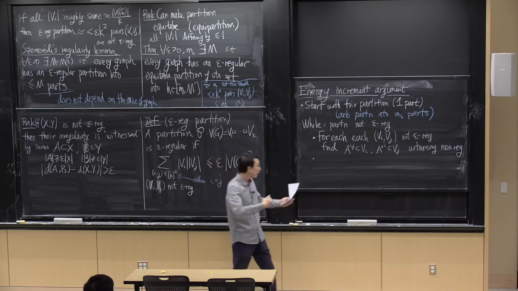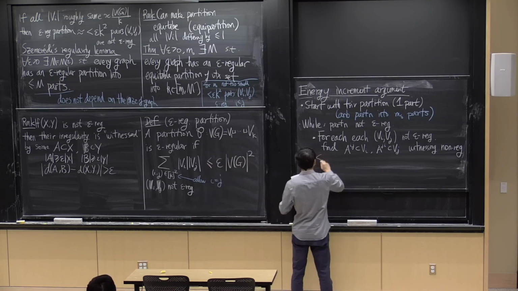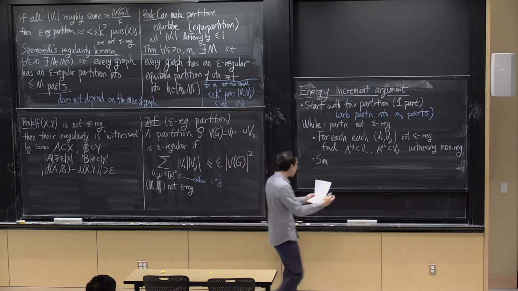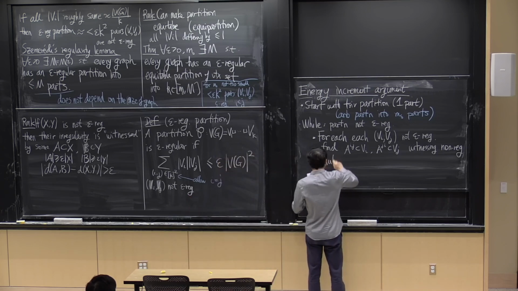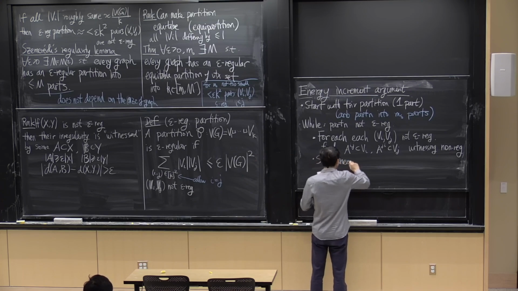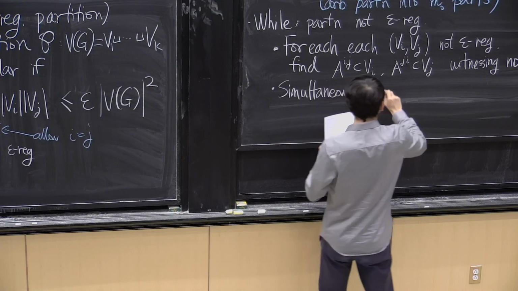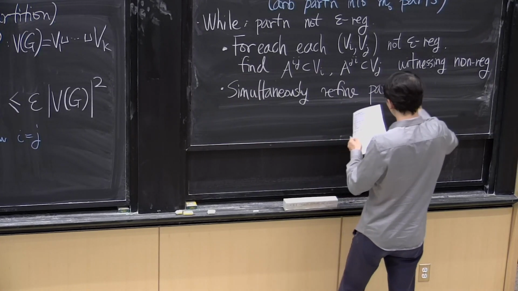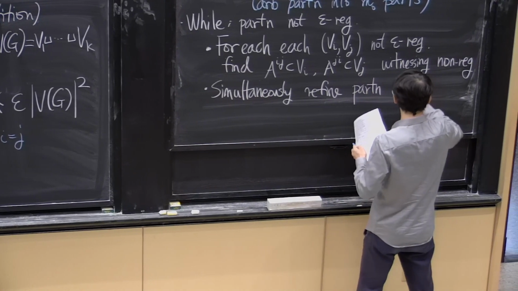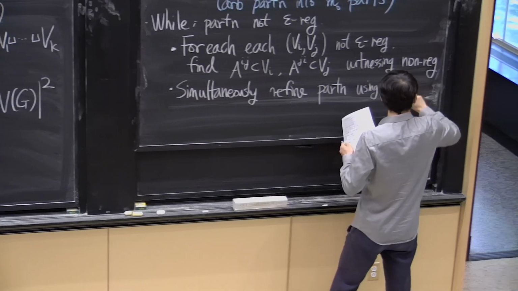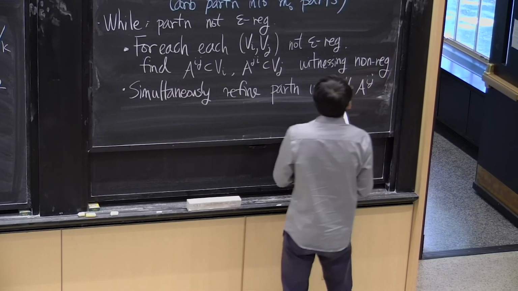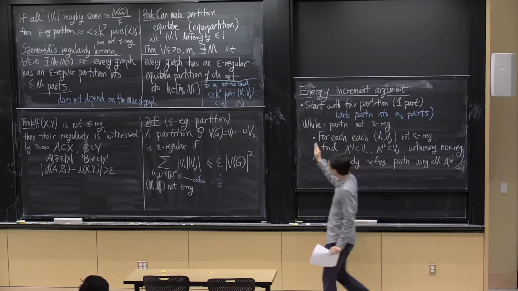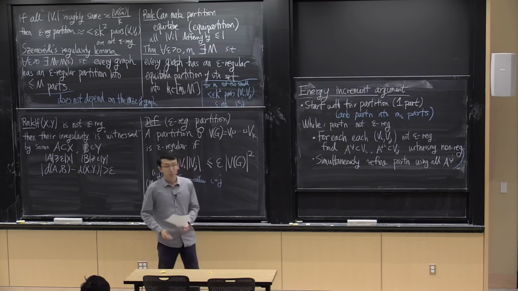So now let us refine the partition into a partition with even more parts by simultaneously refining the partition using all of these aij's that we found in the step above.